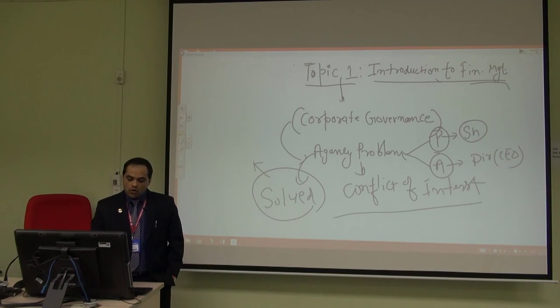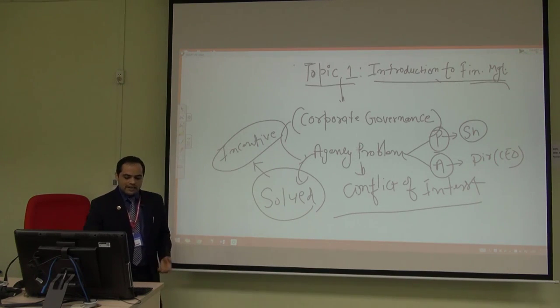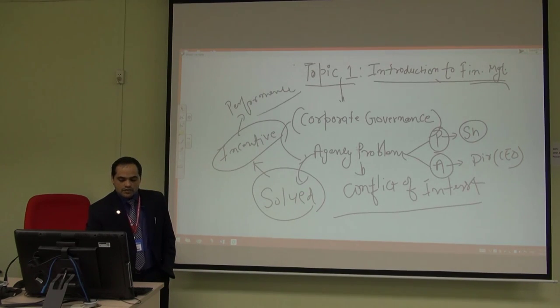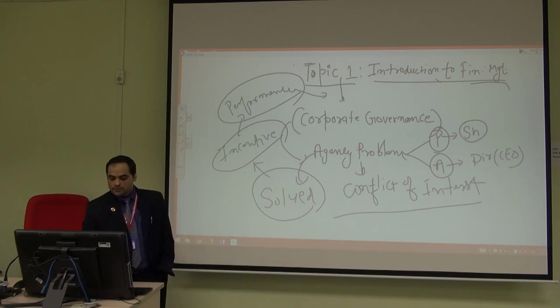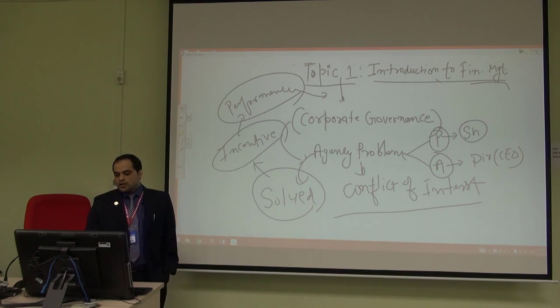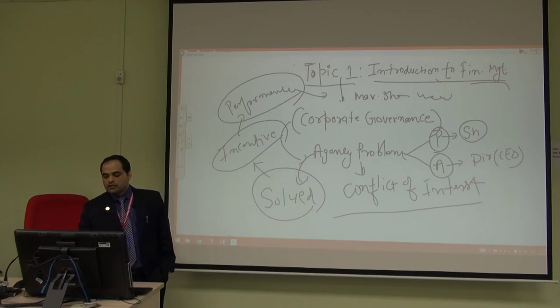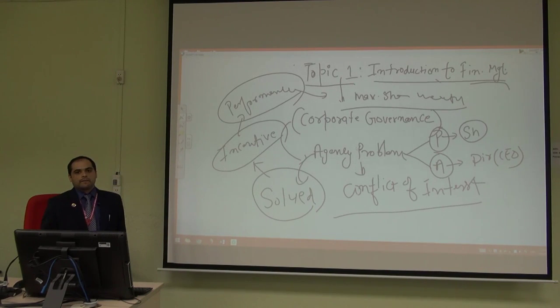Agency problems could be solved by providing incentives to the agents. The incentive, of course, could be performance based. It means if the company is performing well, meaning the performance is associated with shareholders' wealth, and if that performance maximizes shareholders' wealth, directors' incentives will be high.